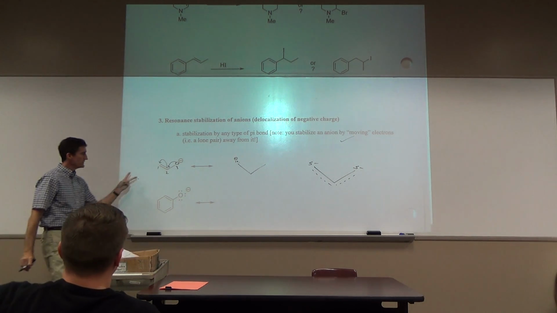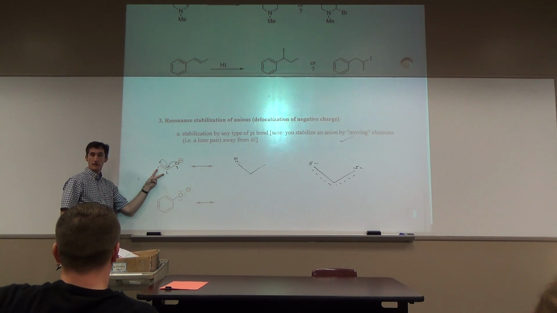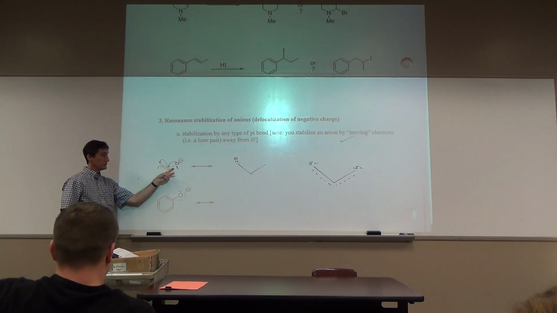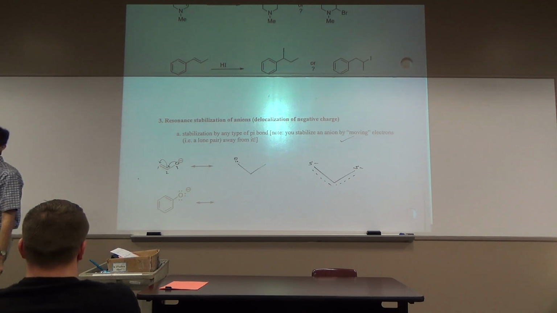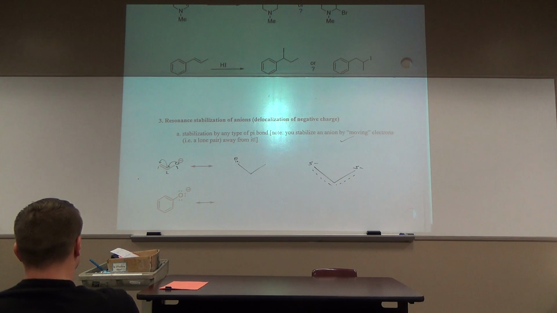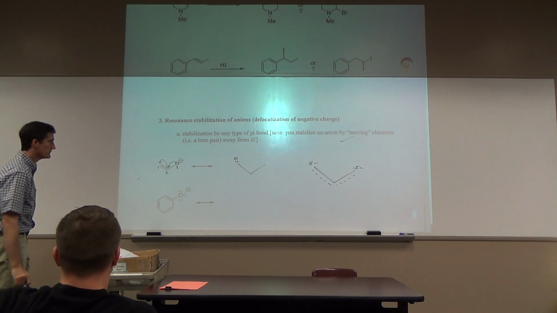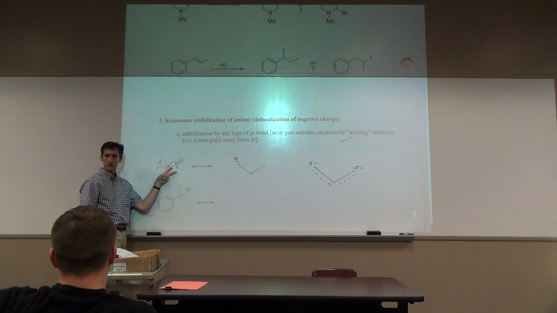So what's the bond order between 1 and 2? 1.5. Also between 2 and 3, 1.5. Which carbon-carbon bond, which carbon-carbon interatomic distance is longer? The 1,2 or the 2,3? Well, isn't a pi bond shorter? Isn't a double bond going to be shorter than a single?